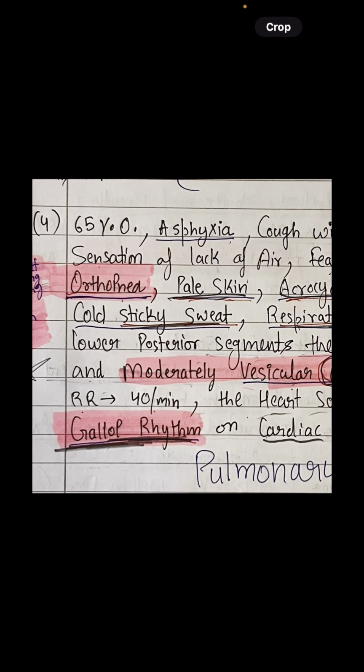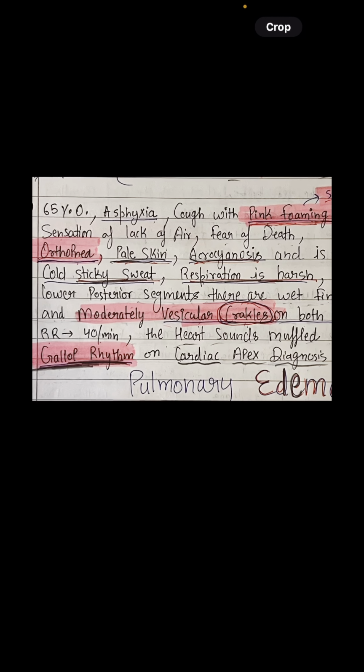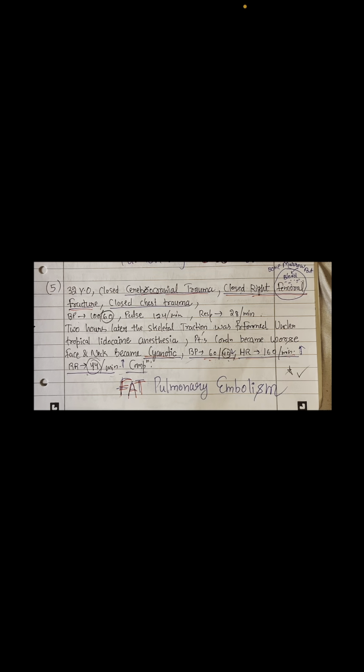Respiration rate is 40 in the patient. It is also a serious condition. Heart sounds are muffled because the cardiac and pulmonary systems work together. If one system is affected, the other will be affected simultaneously and very fast. So a gallop rhythm at the cardiac apex, we will mark the diagnosis pulmonary edema.